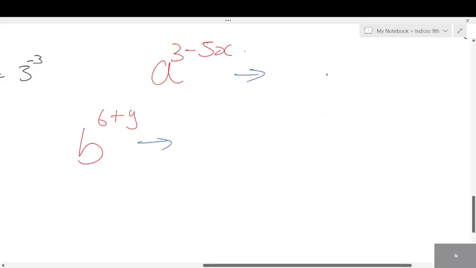Yeah, respond all of you. What do you get? A to the power of 3. For division, what should I put? A to the power of 3 divided by a to the power of 5x. We can also write it as a to the power of 3 minus 5x. Both are same, right?